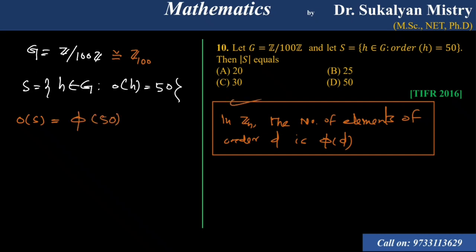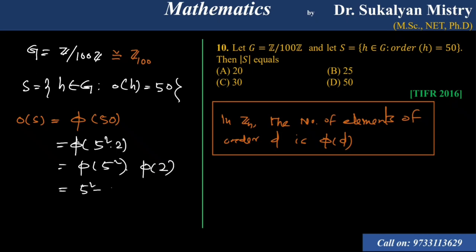This can be written as phi of 5 square into 2, so that is phi 5 square into phi 2. We know that phi p to the power k is equal to p to the power k minus p to the power k minus 1.